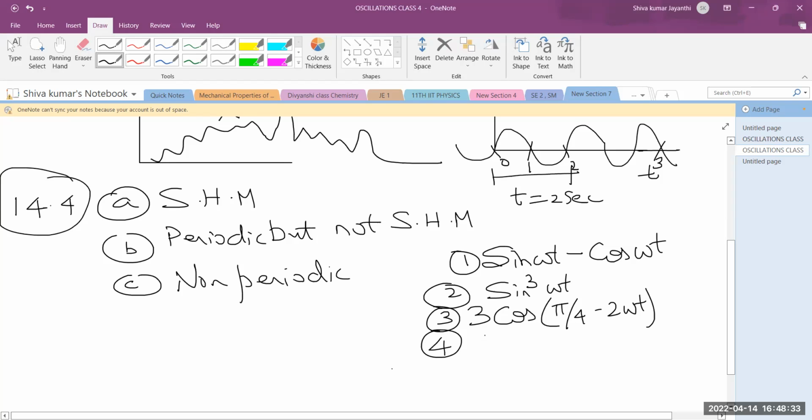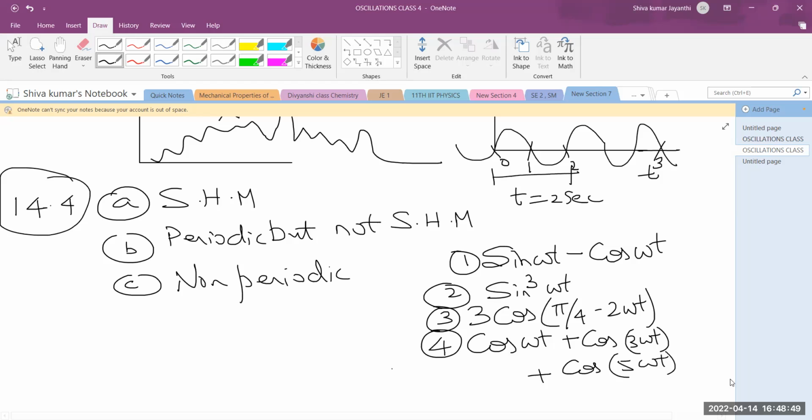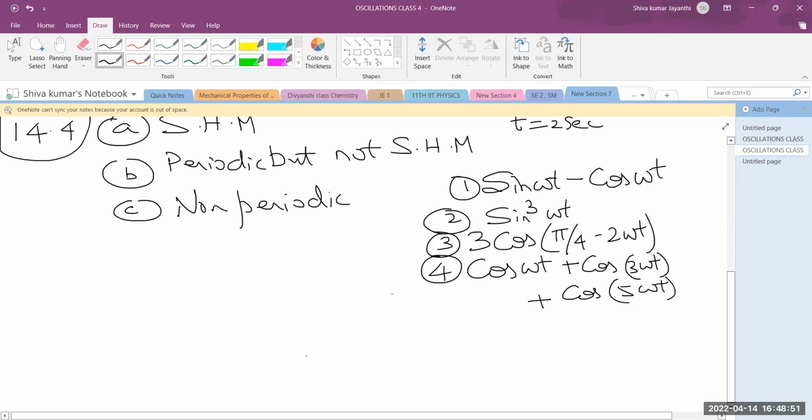Cos of t plus cos of t plus cos of, like that they give A, B, C, D, and they give two more functions which are obviously not periodic.